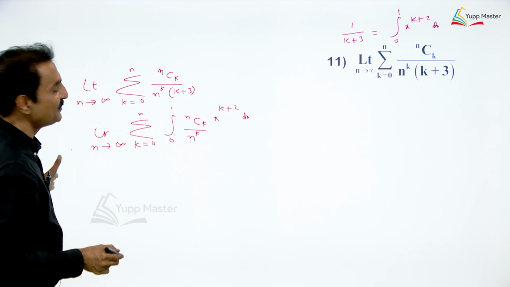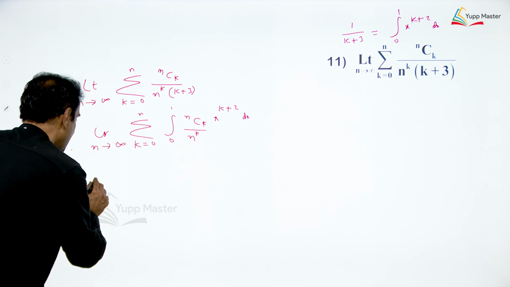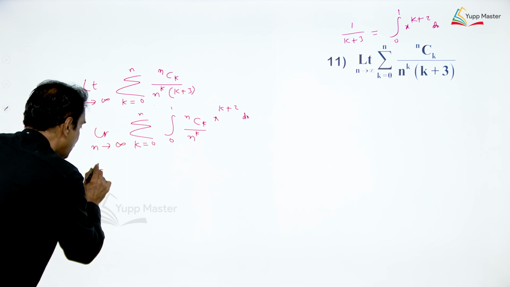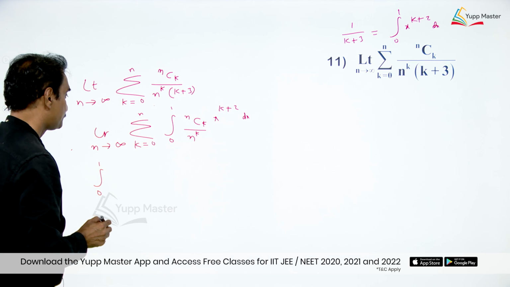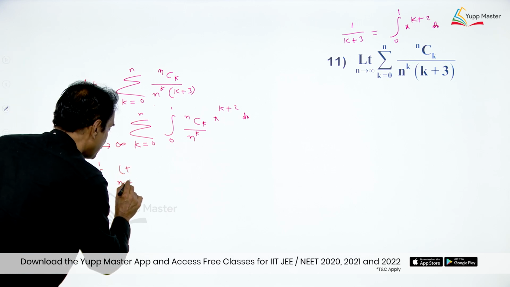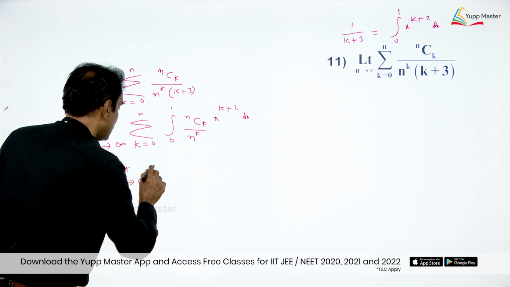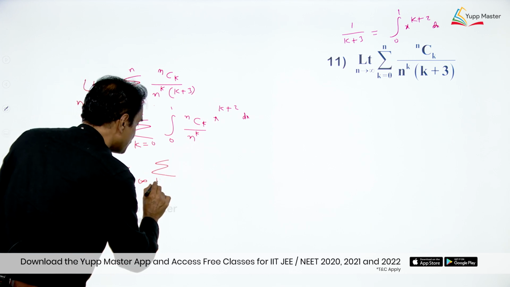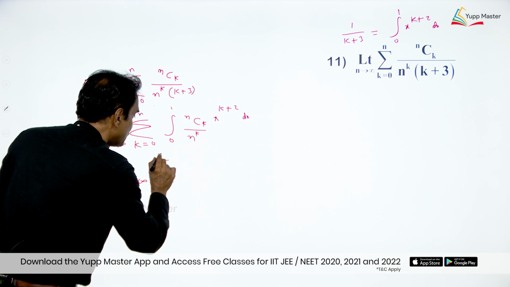Now, let us take the sigma integration outside completely. Integral 0 to 1, limit n tends to infinity, sigma k varies from 0 to n.